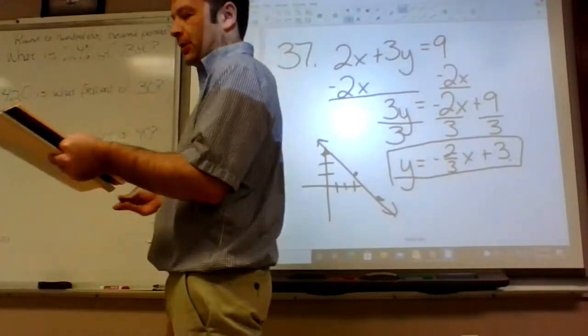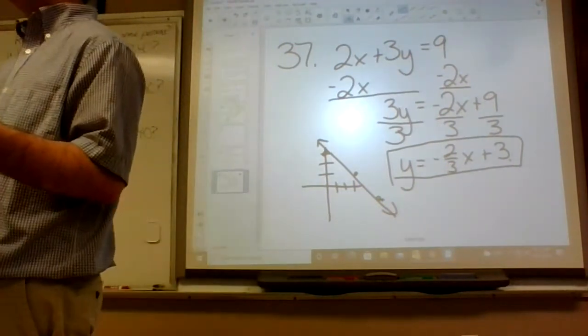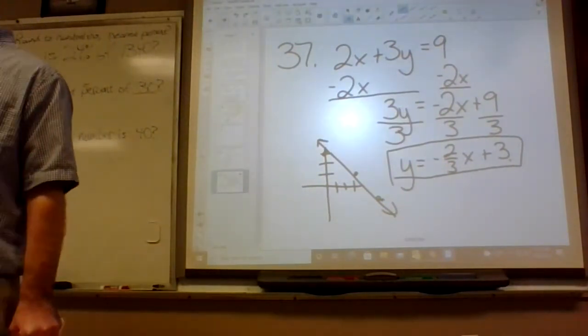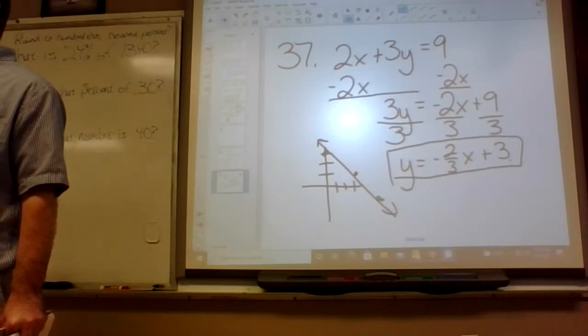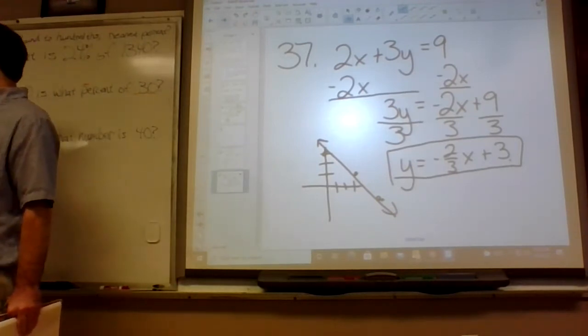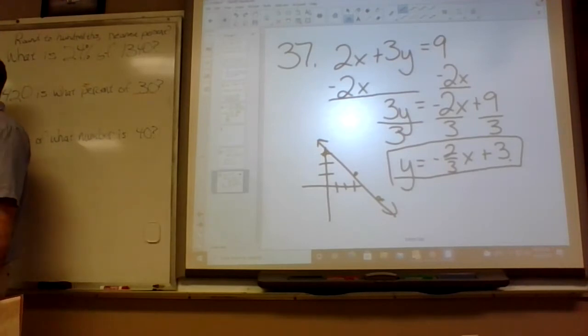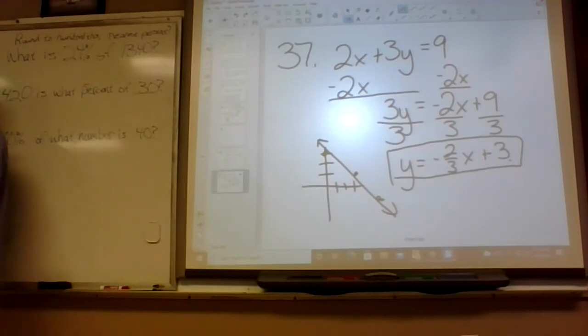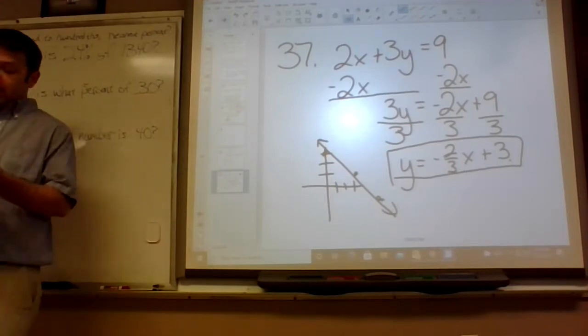It should look like this: y equals mx plus b. That's the equation of a line, just like numbers 34, 35, 36. Well, 35 and 36 are in slope-intercept form. So we need a slope to put in for m, and a y-intercept, a number to put in for b.